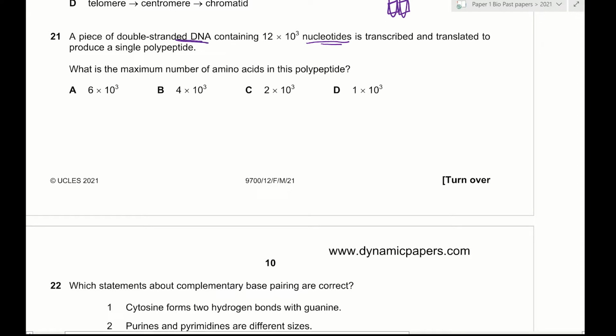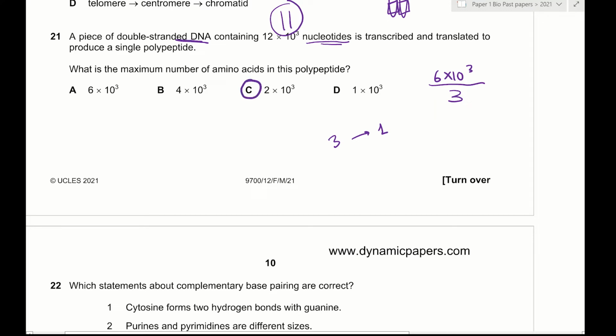So one strand is going to have 6 times 10 to the power of 3, because here 12 times 10 to the power of 3 is for 2 strands. So as we all know, 3 nucleotides code for 1 amino acid. So in order to find the maximum number of amino acids, we divide this by 3, the number of nucleotides, and the answer in this case is going to be C.